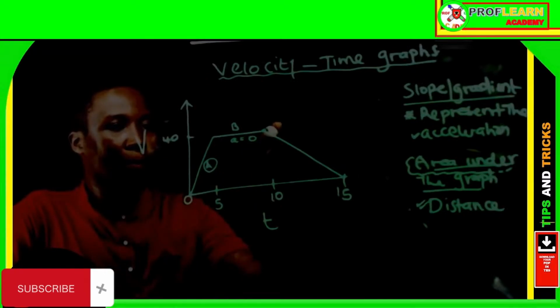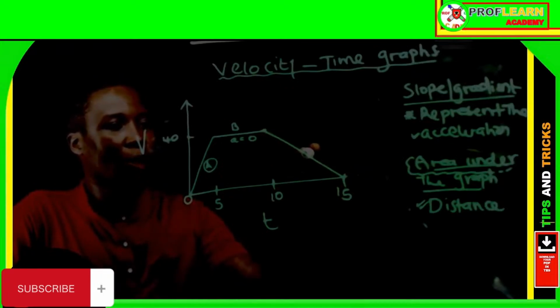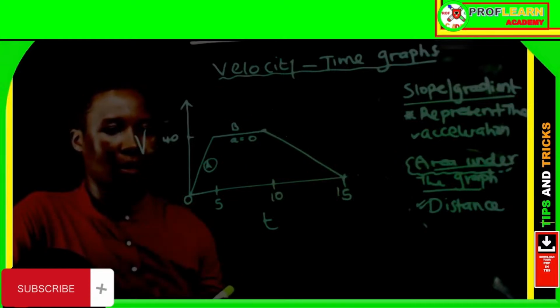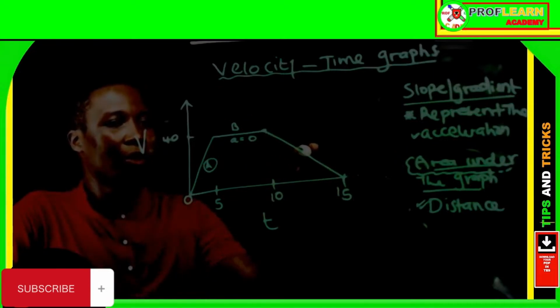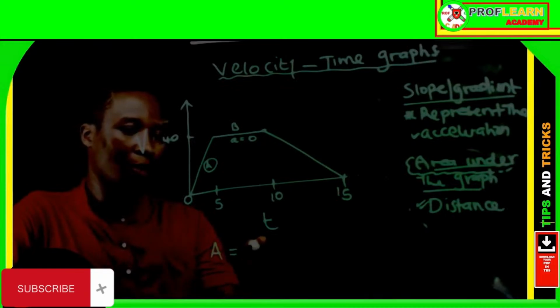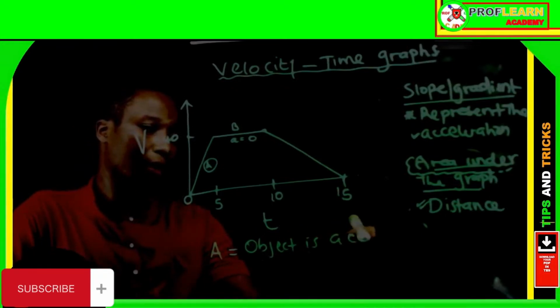And from this point, 10 seconds to 15 seconds, the object is slowing down. Maybe this is the region where the driver has applied the brakes. So the object is now decelerating. So at A, we can say the object is accelerating.